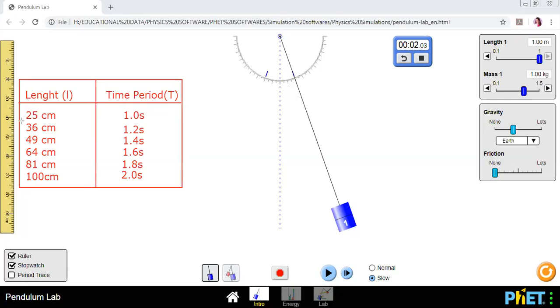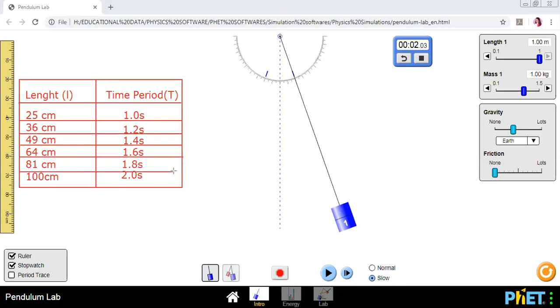What we observe, beta, is a very good relationship between the length of the pendulum and the time period.